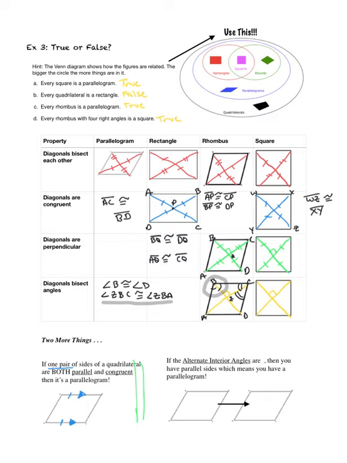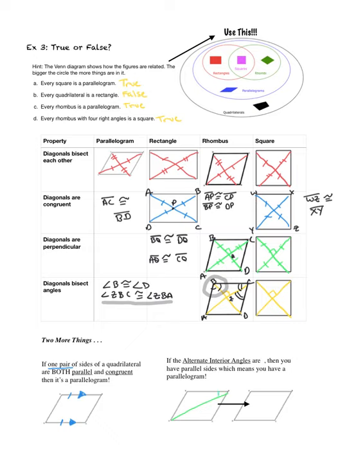Now this one. Ooh, this is kind of interesting. Here, you have to, number 1, erase my mess. You need to be able to know about alternate interior angles. You've got to remember this. So what we do is you draw a transversal. Diagonal is a transversal.